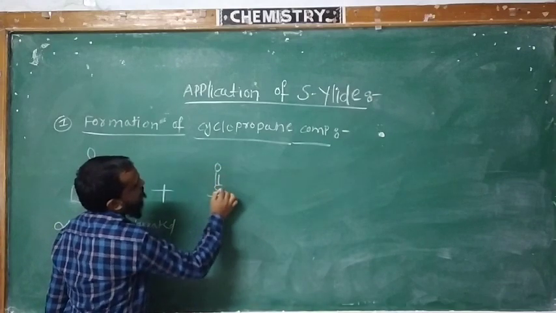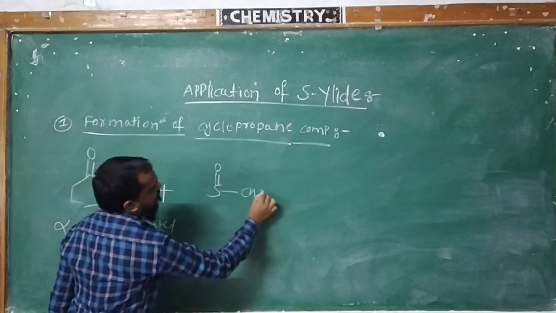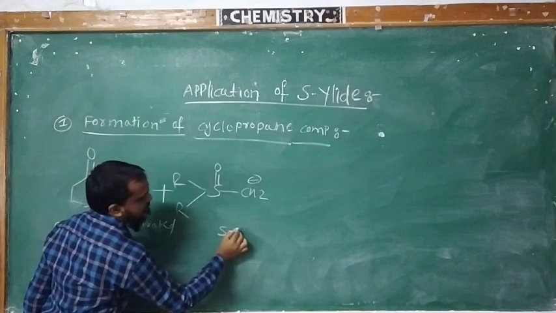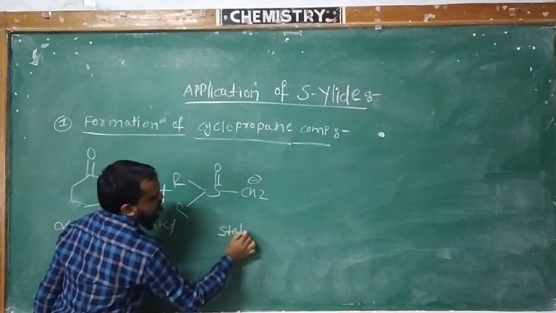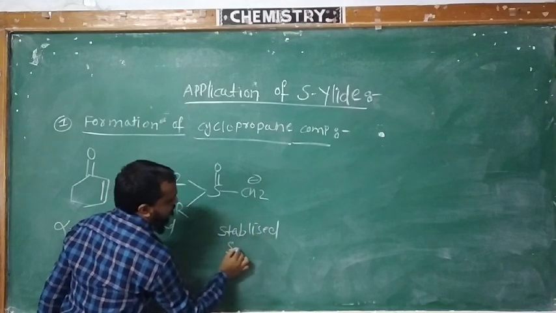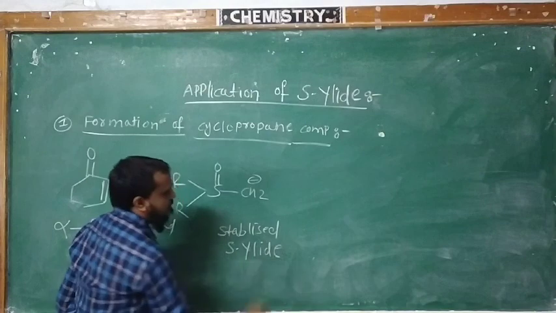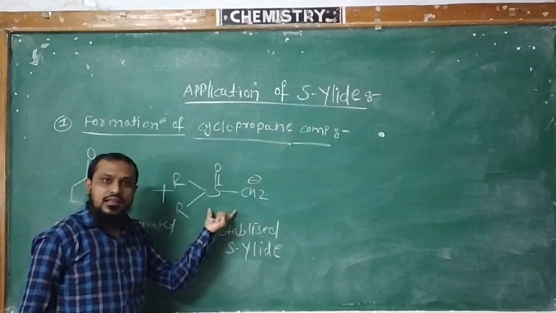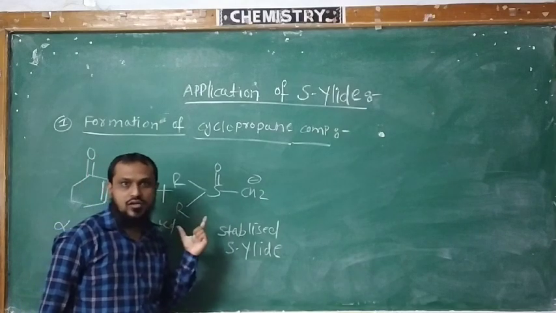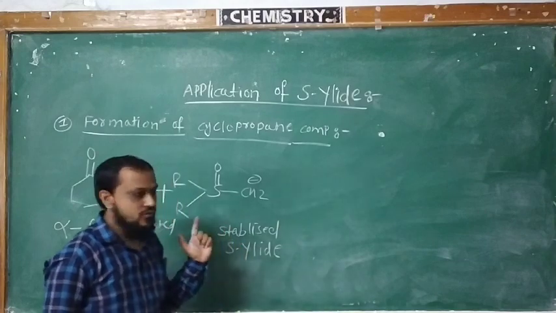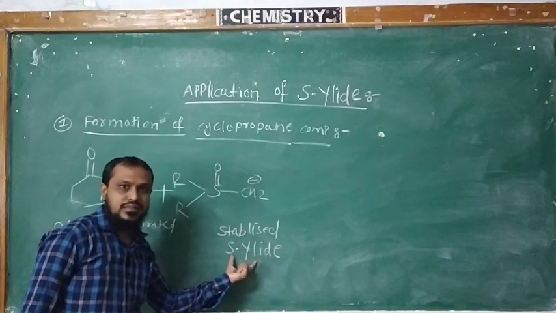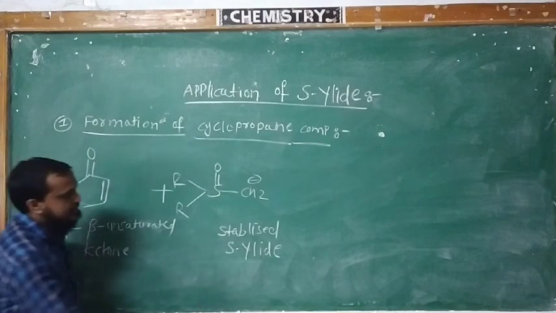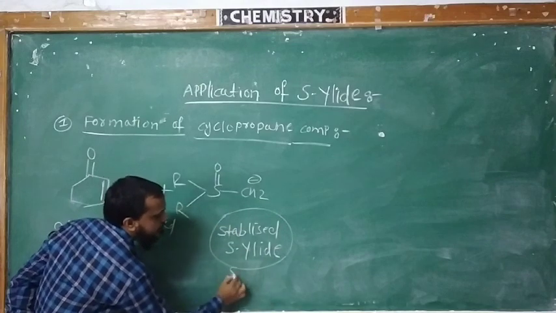So here, this is the stabilized sulfur ylide. Okay, we know that dimethyl sulfoxonium methylide is also stable. Okay, so these are the types of stabilized sulfur ylide. What will happen here? This stabilized sulfur ylide acts as a soft nucleophile.